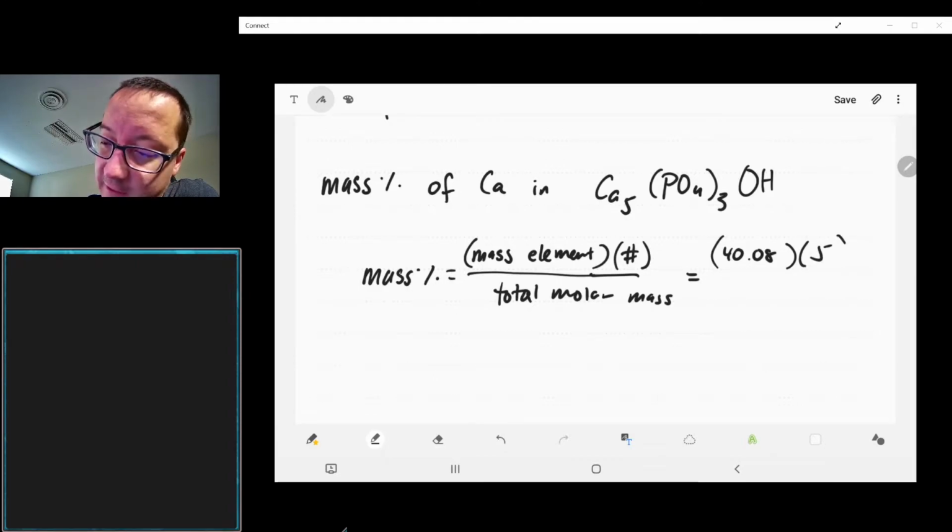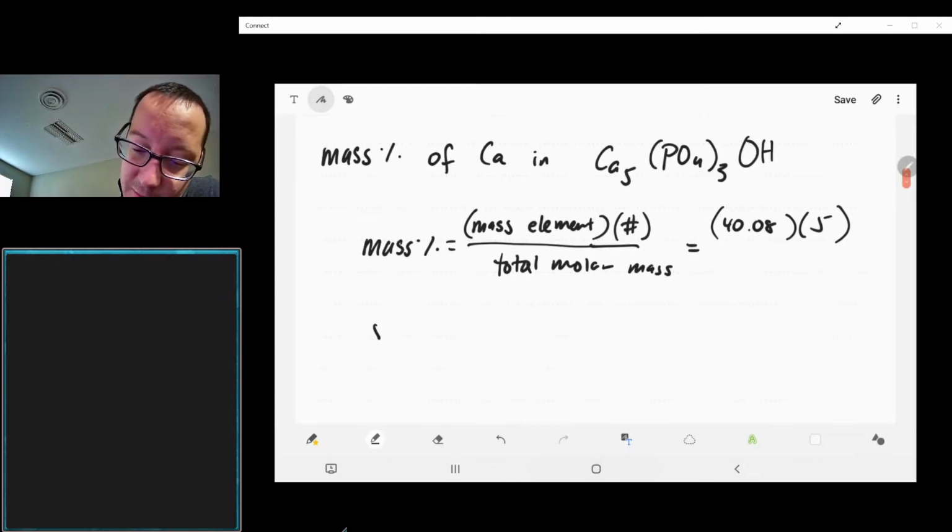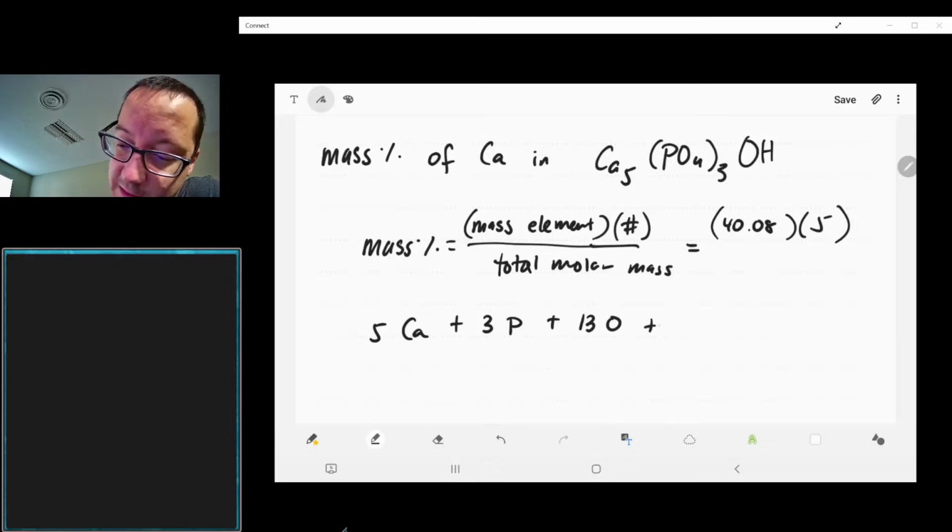We have 5 calciums in this molecule. The total molar mass is kind of the tricky part. Overall, we have 5 calciums plus 3 phosphorus plus 13 oxygens plus 1 hydrogen. That's the important part, that you can decipher that chemical formula.